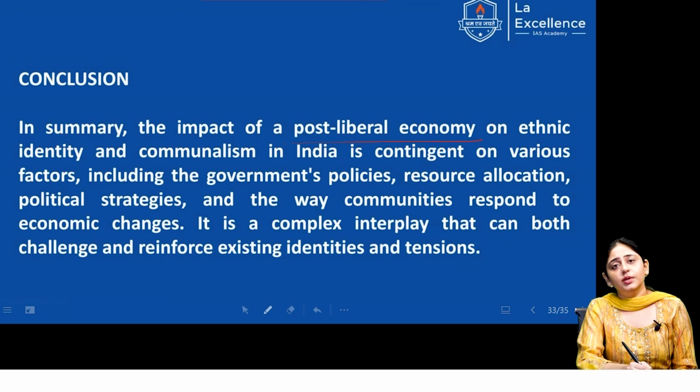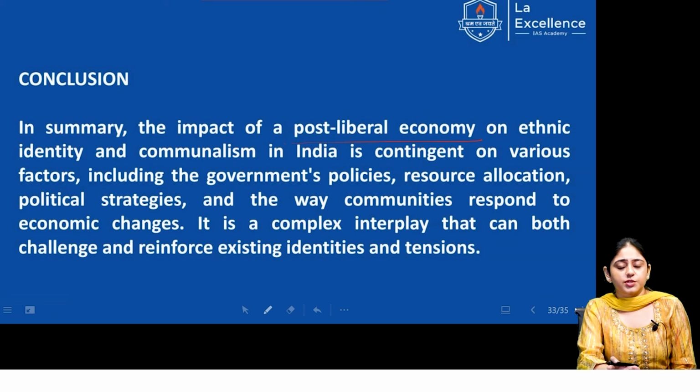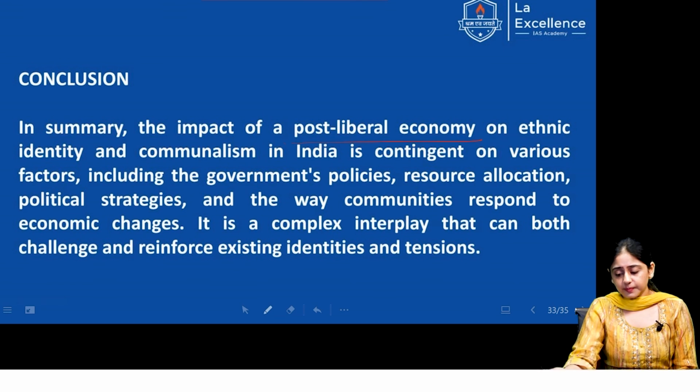This led to a strengthening of these identities, and on top of it, it was being exploited. And then you write down what to do. You have to have inclusive growth, and affirmative action with respect to communities which are backward, or whose socioeconomic parameters are down. So these points will come in your conclusion part, solutions basically, right?